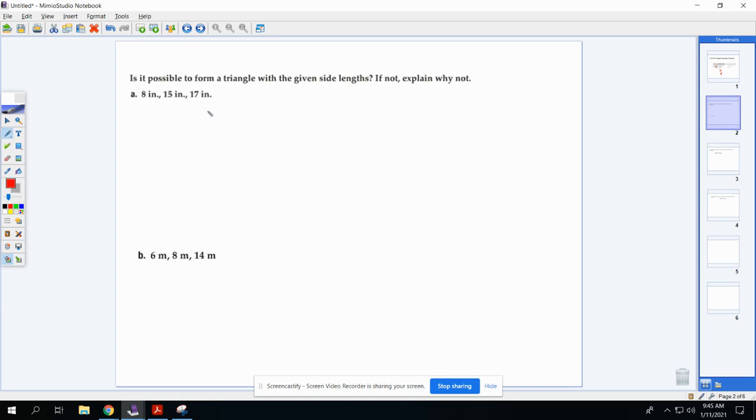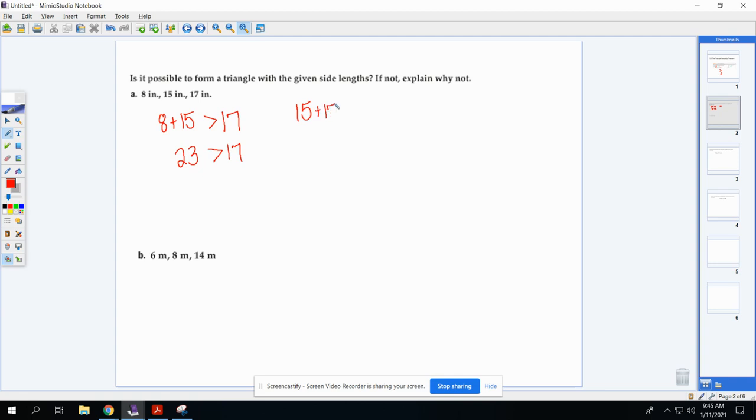We have to create 3 inequalities that show that every time we add 2 of the sides of a triangle, it is always greater than the third side. So we have 8 plus 15. Those would be the first 2 sides. We have to show that that is greater than 17. 8 plus 15 is 23, and we know that 23 is definitely greater than 17.